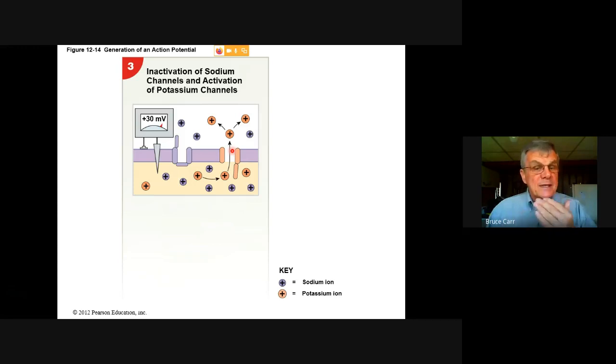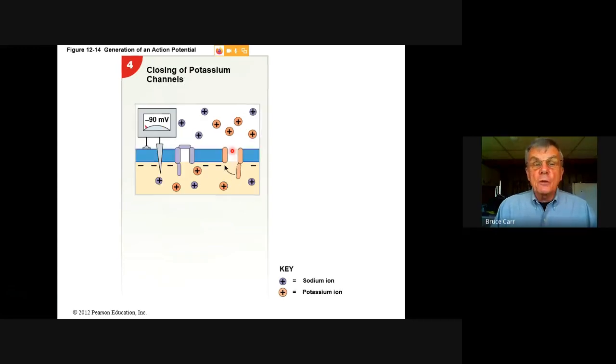Now you're going to pop these gates in the opposite direction, and potassium will move, and that needle is going to swing back toward the resting potential. So as the potassium moves across, in response to those chemical and electrical forces, the needle begins to swing, and it goes a long way. The negative charge that we're reestablishing pushes the potassium harder and harder, and eventually you end up with a lot of potassium outside the cell.